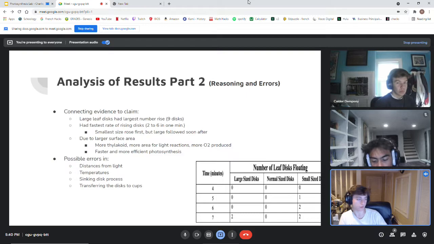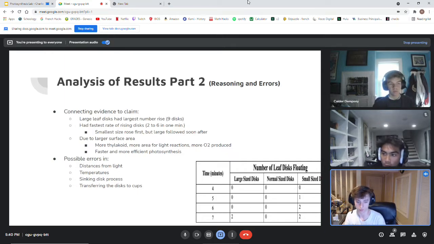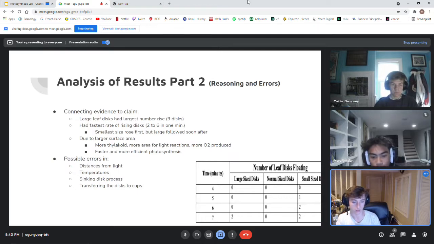Because of the larger surface area, there was more thylakoid area in general, and that means there's more area for light reactions, more area for O2 to be produced, and just overall faster and more efficient photosynthesis than in the two sizes, because of the amount of resources it had to perform photosynthesis.